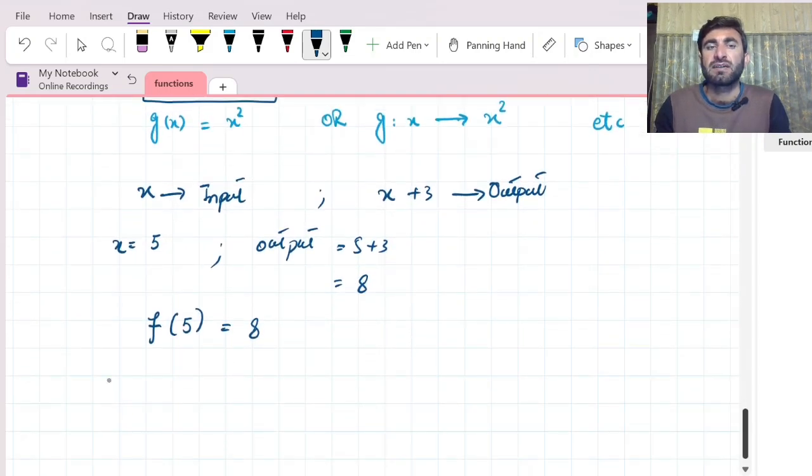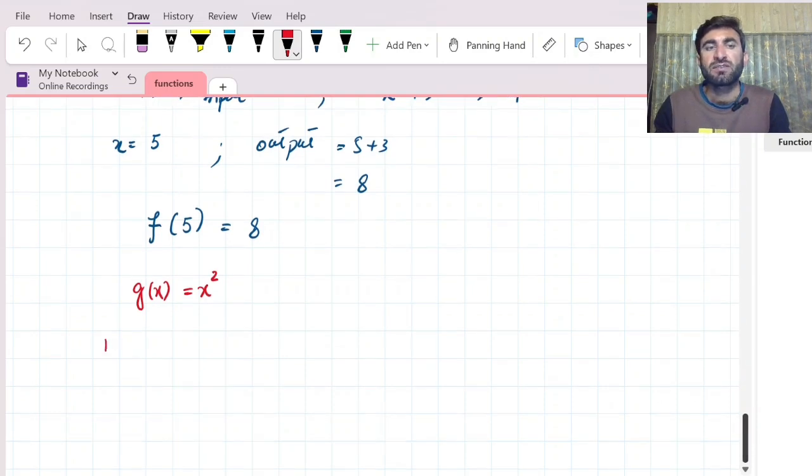Like we have the second example, which was g of x equals x squared. Now we explore some values. Like first I say we should find g of 2. So it will be definitely 2 squared, which is equal to 4.